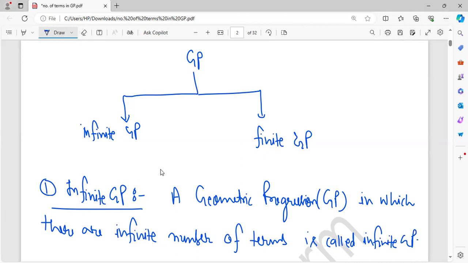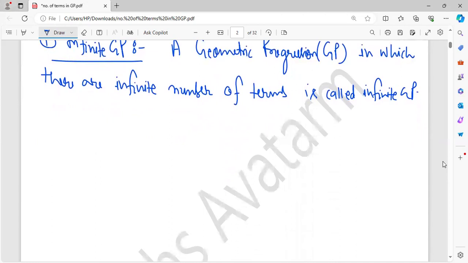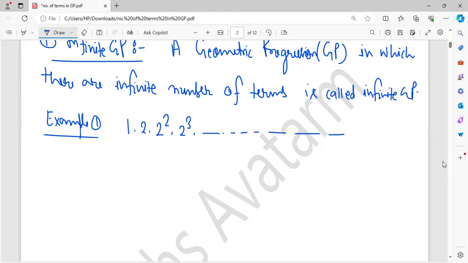For example, 1, 2, 2 square, 2 cube, and this is going on. We have not mentioned here that it is terminated after a certain stage. So this is infinite GP.